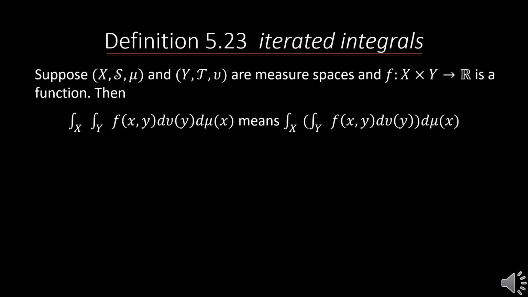Note that I've omitted a small definition here. We previously did not specify the variable after our integrand. However, now we've got d nu of y to indicate that the inside integral is in y, and d mu of x to indicate that we're integrating over x.